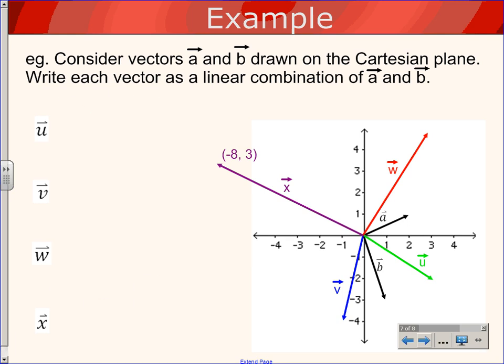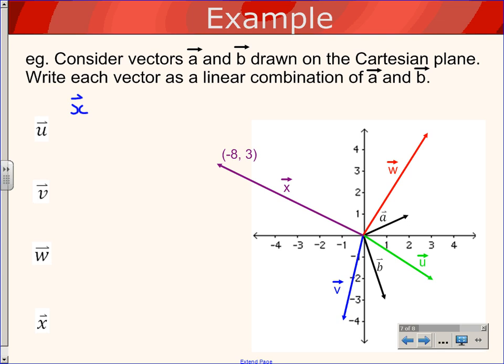Right? I said before that if vector a and vector b were not collinear, then there should be some linear combination, some multiple of a and some multiple of b, that if I put them together, I should be able to create any vector I want. So the question then becomes how the heck are we going to find it? We're trying to create this, I suppose.